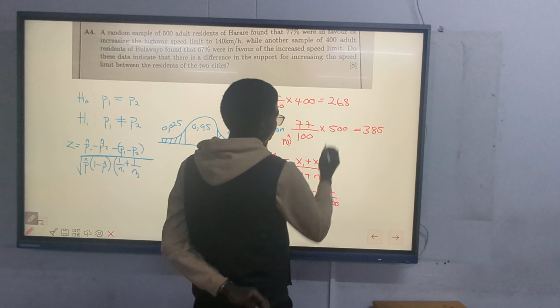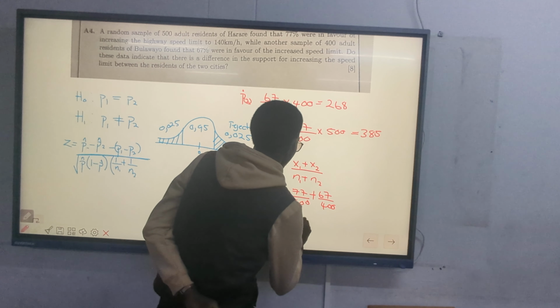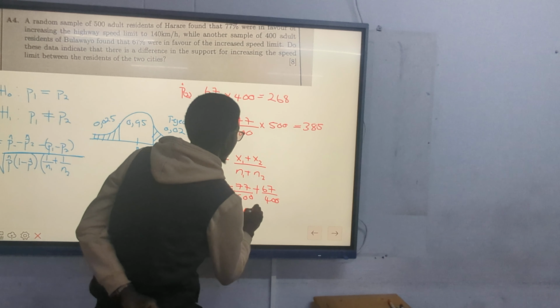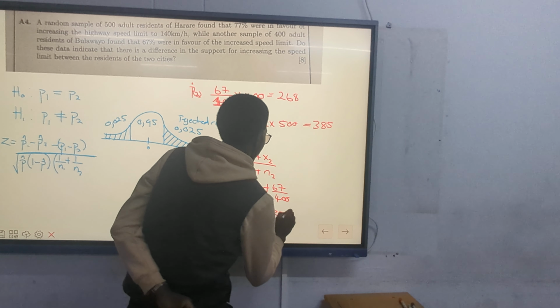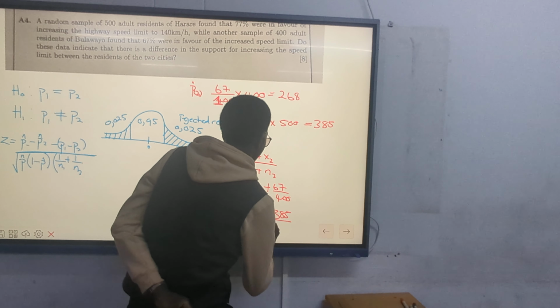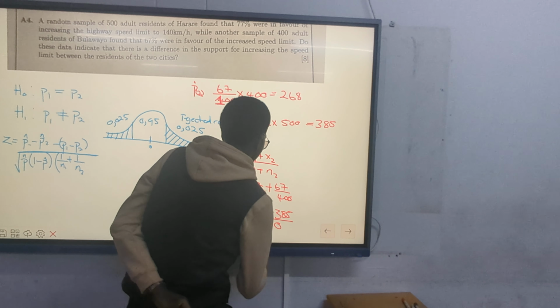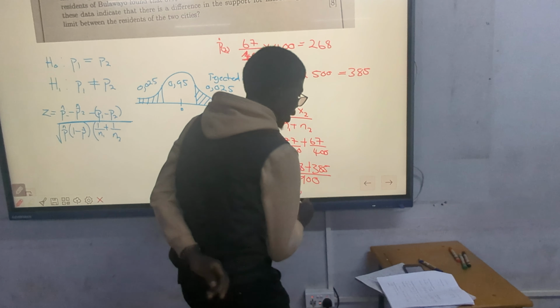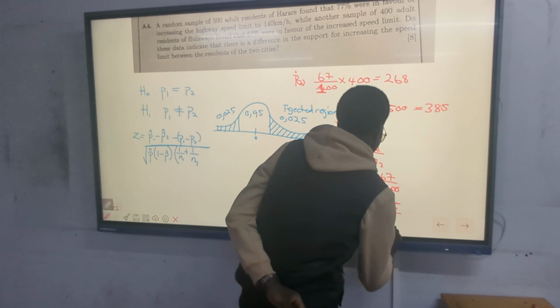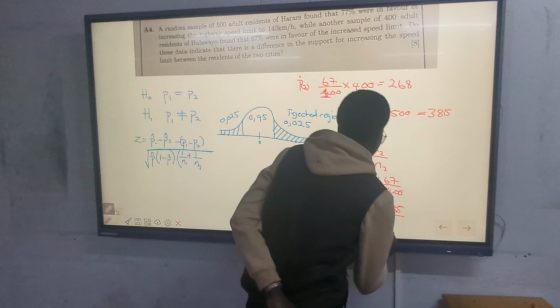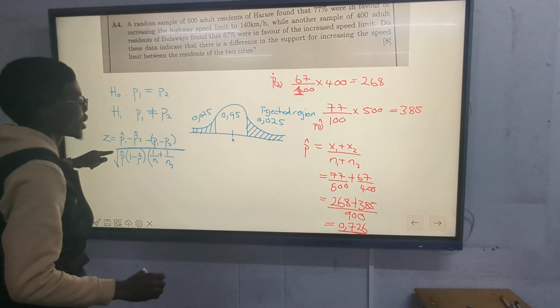Here we have 268 plus 385 over 900. What do we get? 0.726. That's the value of the P hat.